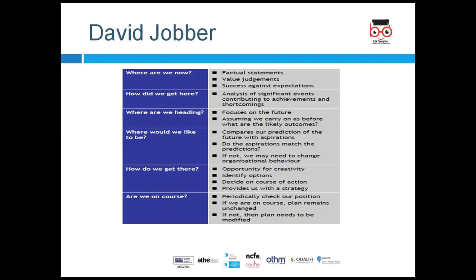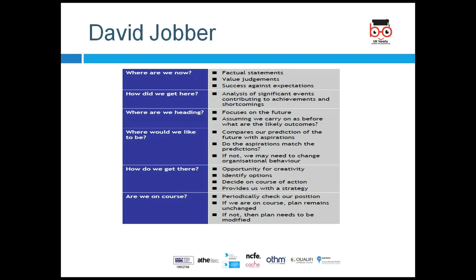According to David Jobber, we need to ask the question, where are we now? The control, factual statement, value judgment, and success against expectation. How do we get here? Analyze the significant events contributing to achievement and shortcomings. Where are we heading? Focus on the future, assuming we carry on as before.